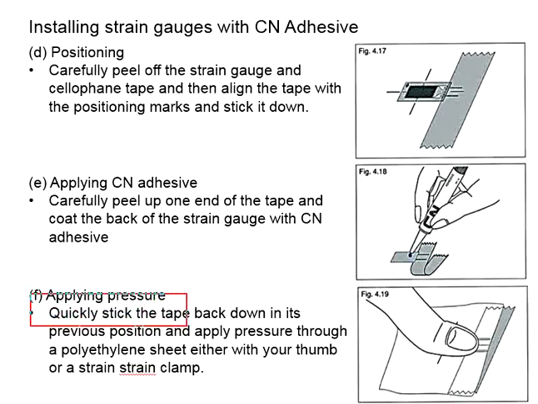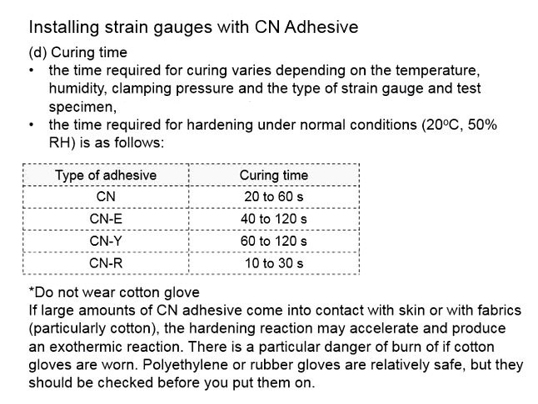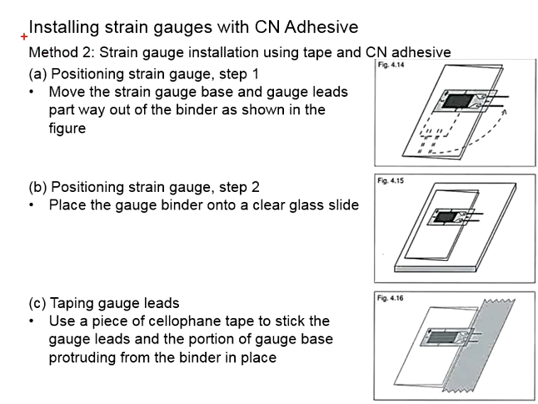Quickly stick the tape back down in its previous position and apply pressure through a polyethylene sheet, either with your thumb or with a strain gauge clamp. Wait until the adhesive hardens, then you can remove the pressure. This is the second method of installation of the strain gauge, which is using the tape and the CN adhesive.